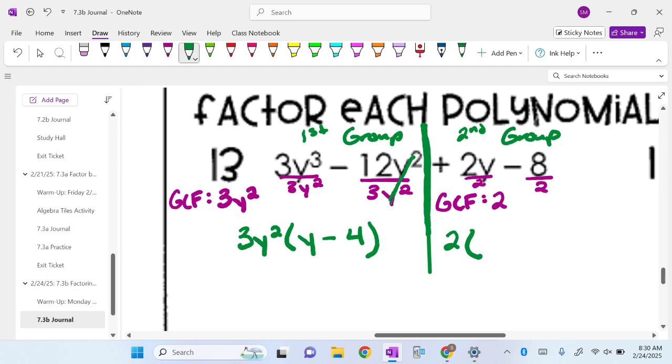What's 2y divided by 2? What happens to these two 2's? They cancel each other out. So what are you left with? Y. What's negative 8 divided by 2? Negative 4.